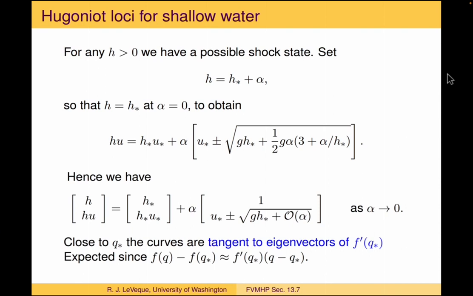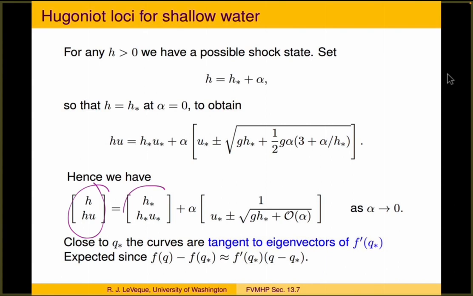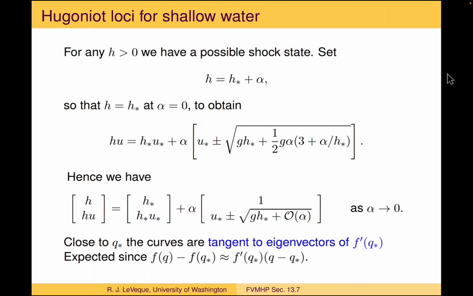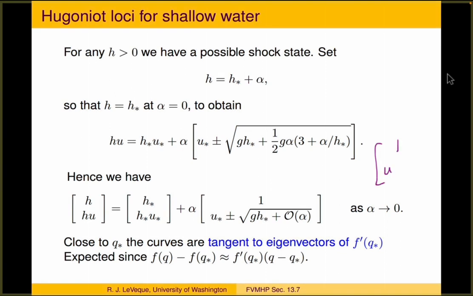And therefore, you can look at H and HU at a neighboring point as being H star, H star U star plus alpha times a vector. And as alpha goes to 0, of course, H and HU are approaching H star, U star, but also we see that this variation for small alpha is proportional to the vector 1 and U plus or minus the square root of GH star, as these order alpha terms vanish.